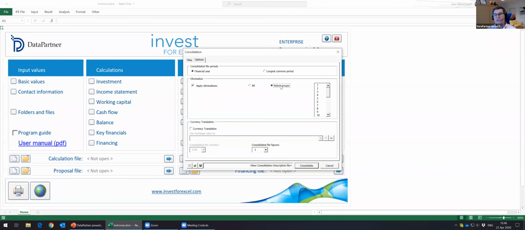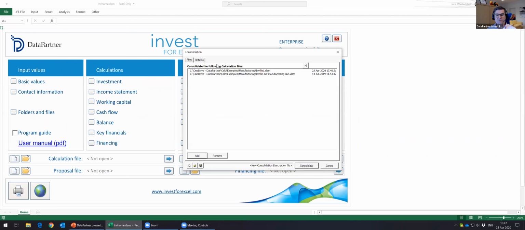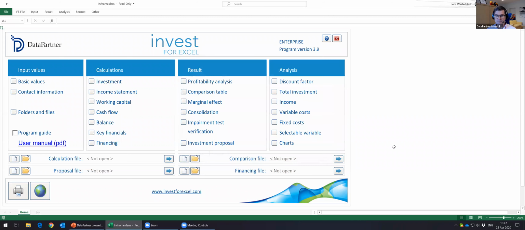So if, let's say you have a 3-level group, then you can make the lowest level or mid-level or all. But all can also just be selected with all. And the companies can be in different countries, they can be in different currencies, it will convert on the run. So that's also a really powerful function.